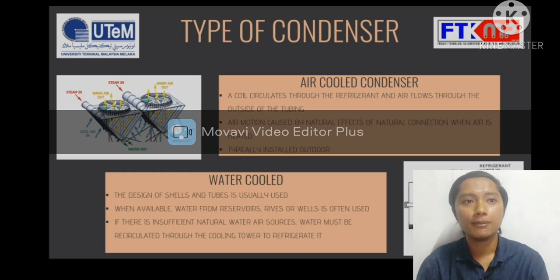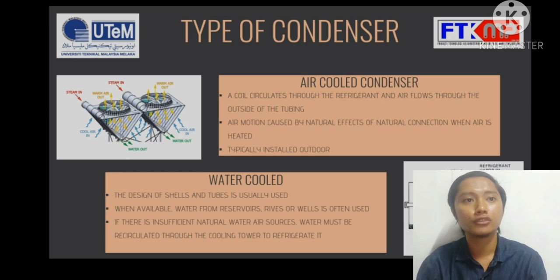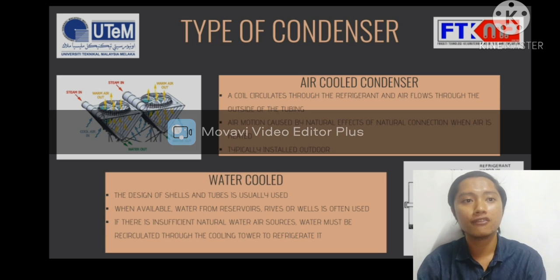These condensers are the most popular type used on small commercial and domestic refrigeration and air conditioner units. They consist of steel or copper tubing through which the refrigerant flows. The tubes are usually provided with plate fins to increase the surface area for heat transfer.